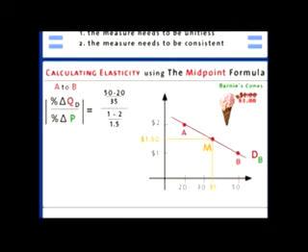And what do you get? Let's solve this problem together. The percentage change in quantity demanded is 6/7. The percentage change in the price of the product is negative 2/3. So the elasticity will be 6/7 divided by negative 2/3 absolute value.